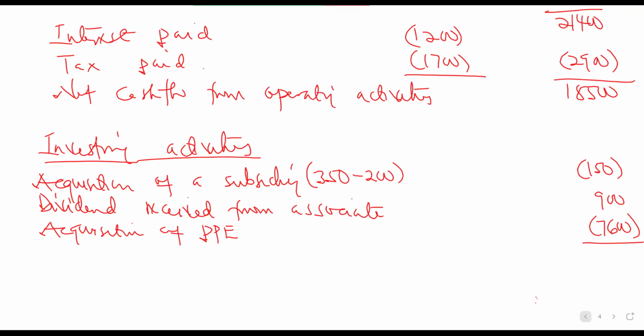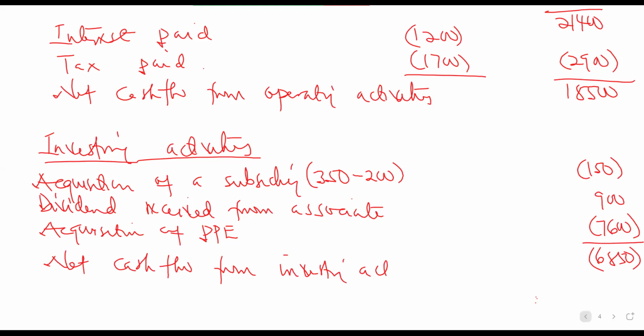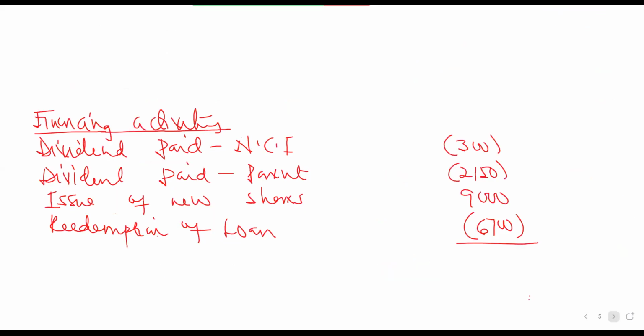Okay, let's come to our investing activities. What will be the cash flow there? 150 plus 7,600 minus 900. I'm having 6,850 as the net inflow. So we have the net cash flow from investing activities. Okay, so now to financing activities.